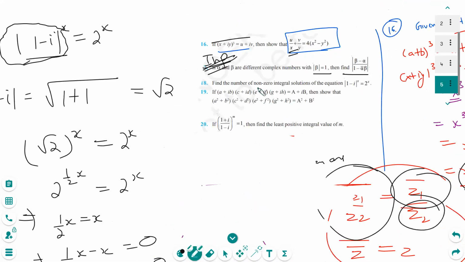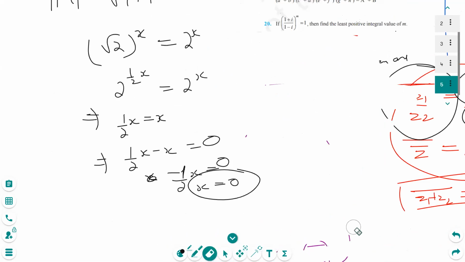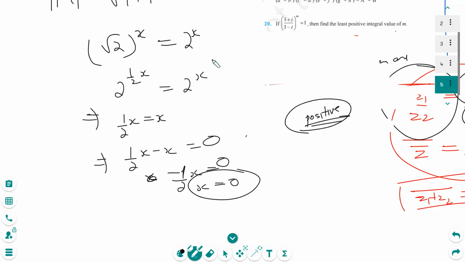It is asking us the number of non-integral solution. Non-integral means the positive numbers, okay? Remember, 0 is neither positive nor negative, okay? 0 is neither a positive number nor a negative number.